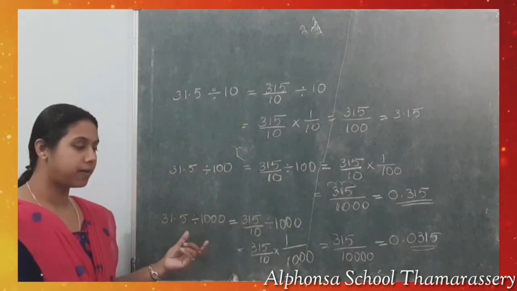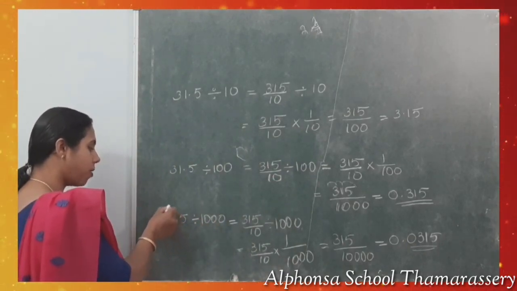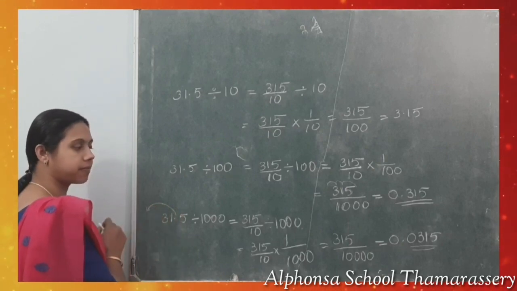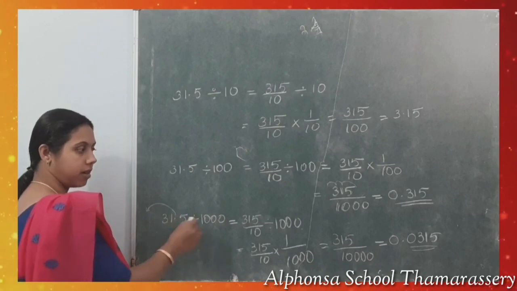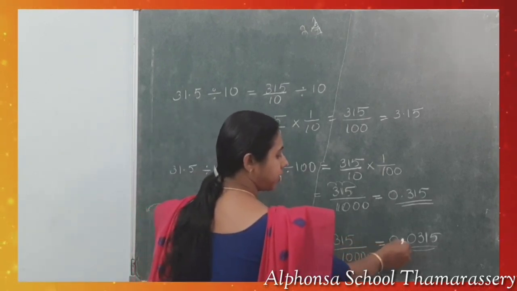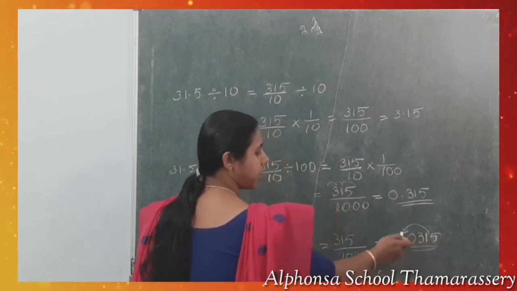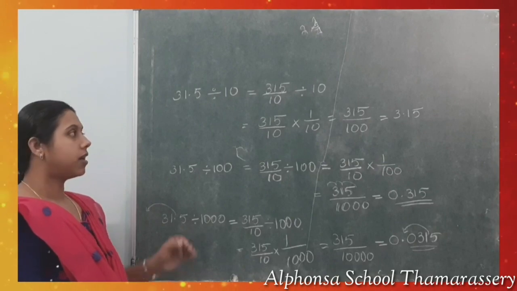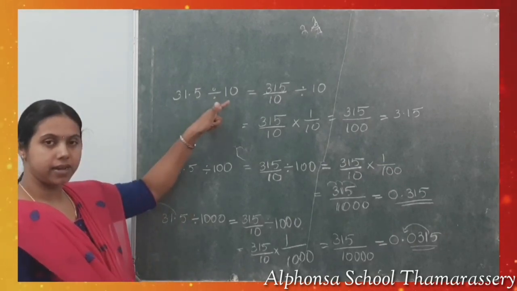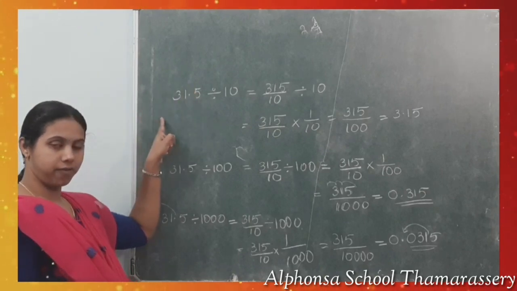So when you are dividing by 1000, the decimal point is moving how many places to the left? Now the decimal point is here. In the answer, the decimal point will be here. It will move 3 places to the left. So when you are dividing by 10, the decimal point will move 1 place to the left.